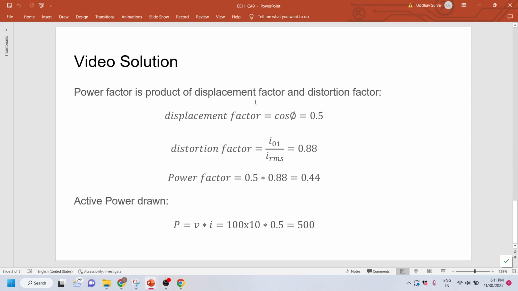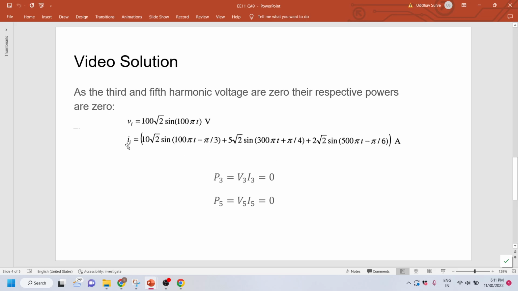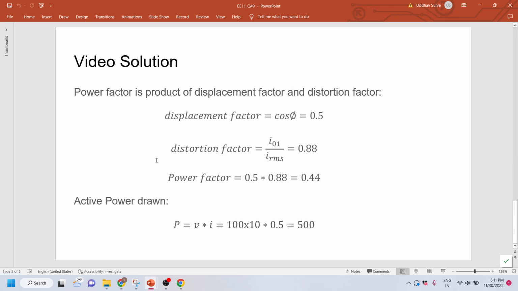So cos pi by 3 is 0.5. Okay. Distortion factor is I fundamental upon I RMS. Okay, so I RMS of the total. So if you take RMS value of this entire current, and if you divide the fundamental component by the total RMS value of this, you will get distortion factor as 0.88.